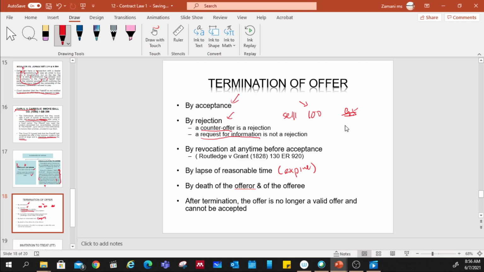The next one is by death. This is simple: if the person who made the offer is dead, of course there is no more offer. So after termination, the offer is no longer a valid offer and cannot be accepted.